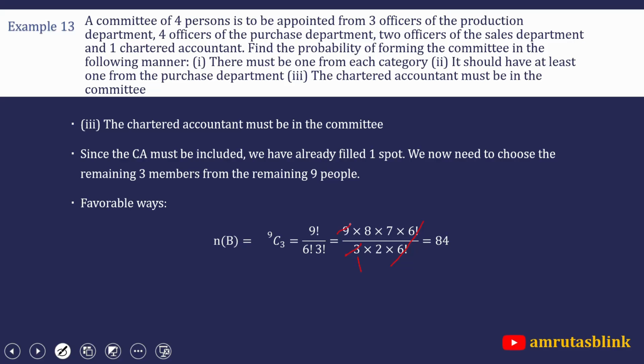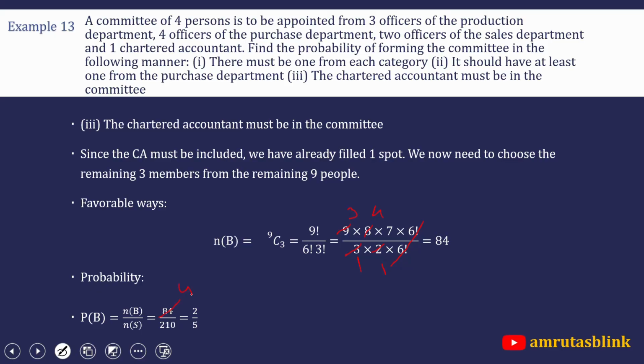This 3 ones are 3 and this 3 threes are 9. This 2 ones are 1 and this 2 fours are 8. So 4 into 3 into 7 is equal to 84, and hence probability of this event B is n of B upon n of S, which is 84 upon 210. You can directly divide this by 21.